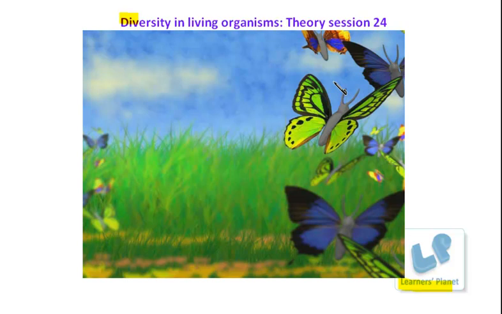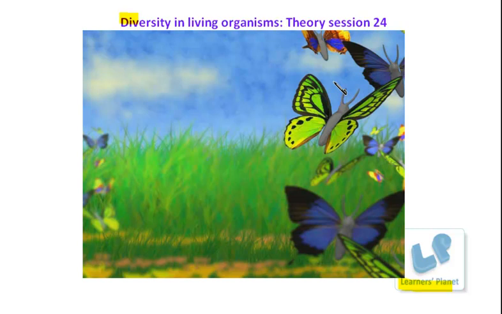Now this chordata, in which the notochord is present, is further subdivided on the basis of the development of the notochord. That means whether it is present in the primitive stage, in which case it constitutes the group known as protochordata, and if it is well developed, then it is known as the group vertebrata.